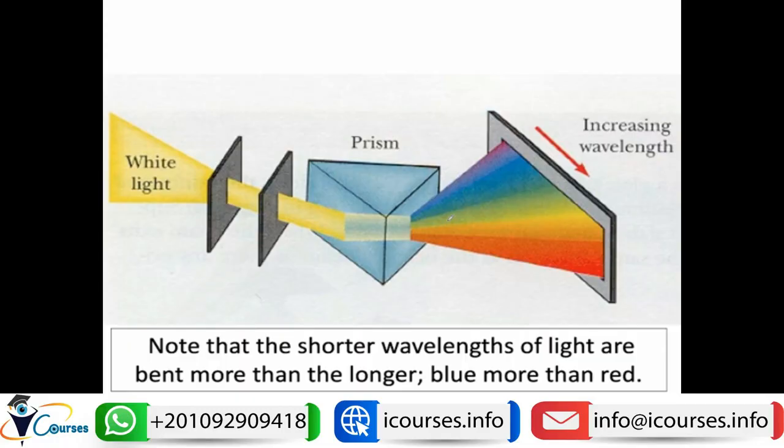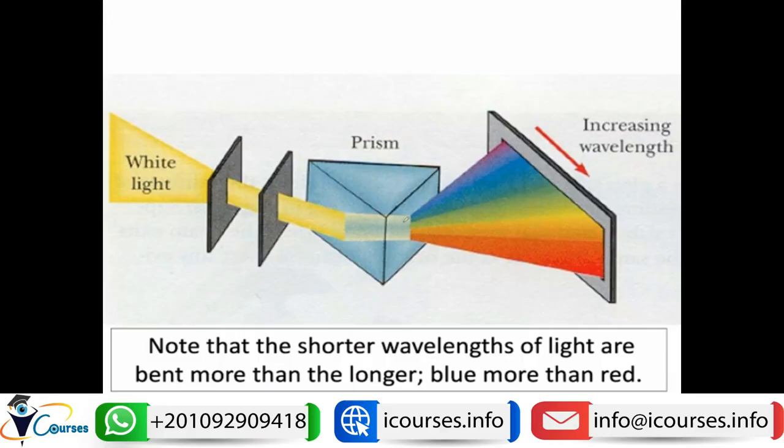Please note that this is an application of refraction, because when the light enters the prism, it will undergo both refraction and dispersion, and this refraction will differ according to the wavelength of the light.